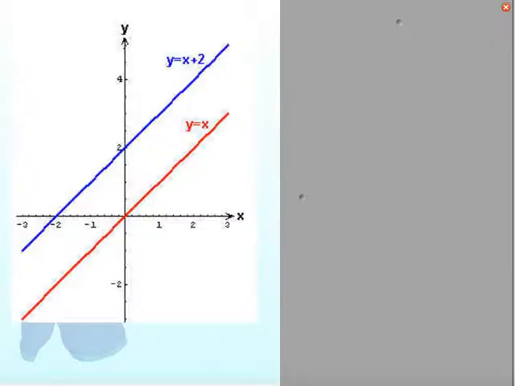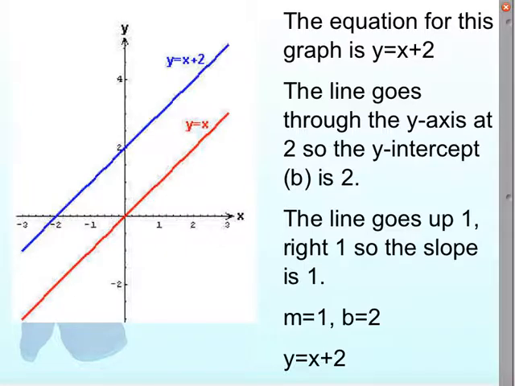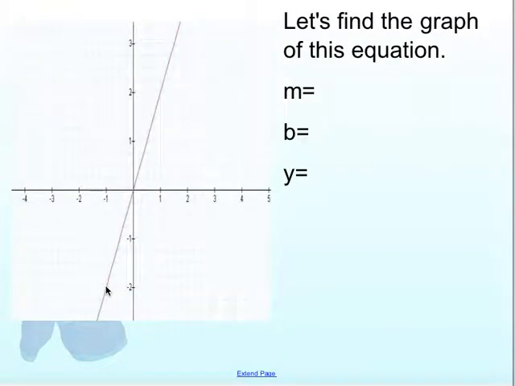Let's try another one. Well, and just notice how if we have the same slope here of 1, and we change the y-intercept, it just changes it by that y-intercept, that plus 2. All right. And let's find the graph of this equation. So let's first start with the y-intercept. Always start with the y-intercept, and we say that it's 0. And the slope here, well, it goes through these points here.